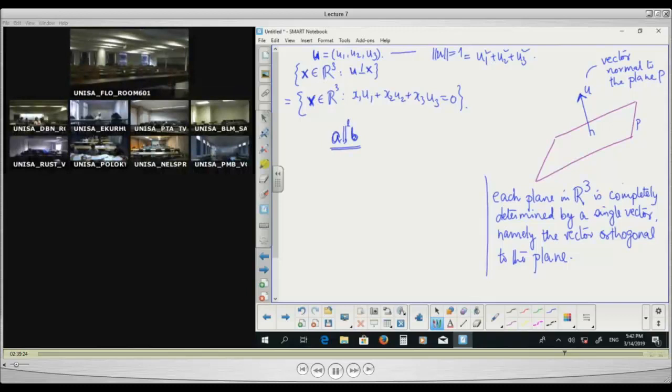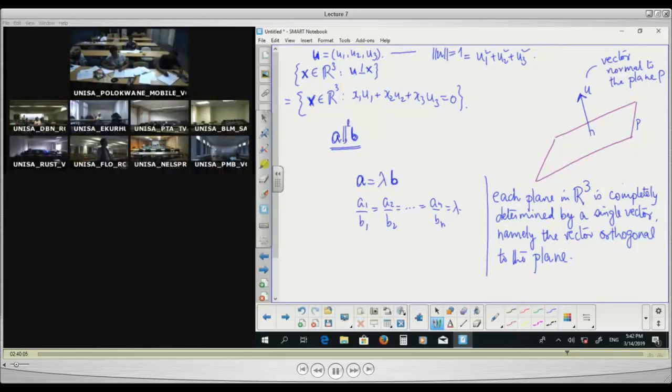If you can find a scalar lambda, or in other words, A1 by B1 is equal to A2 by B2, and that is common. So if the ratios are the same, then obviously we can say that they are parallel. That's exactly the meaning of saying it's parallel. I think that explains it. Okay.